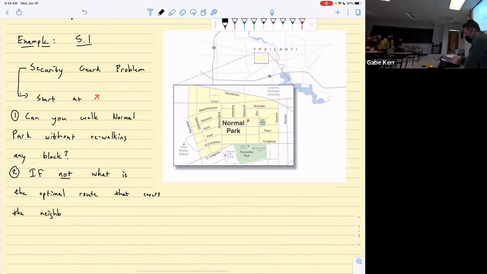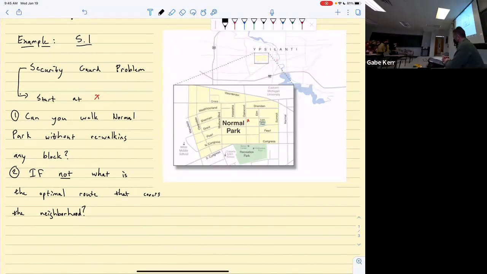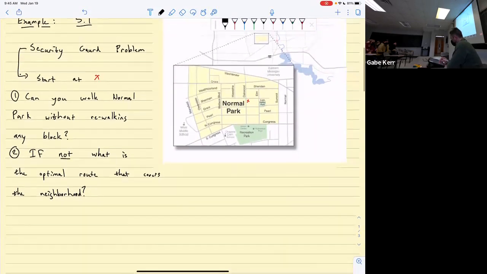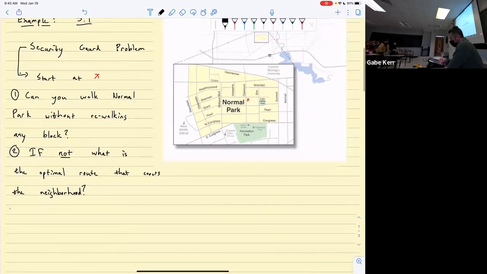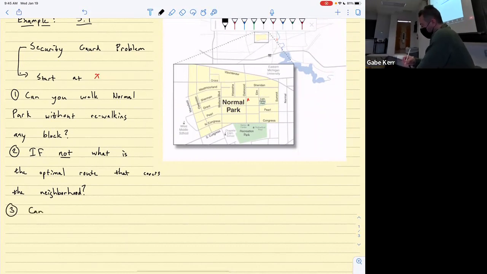Optimal meaning I can't get a shortcut, and I go through every block at least once. And then the third question is, can a better route be found? Let's say we answered one, it's no. Answer two, and then we want another question: can a better route be found if we start at a different point?